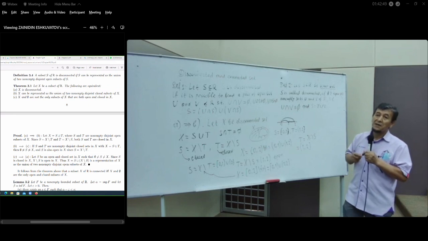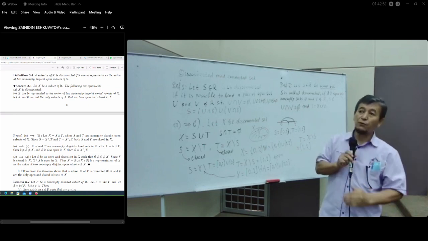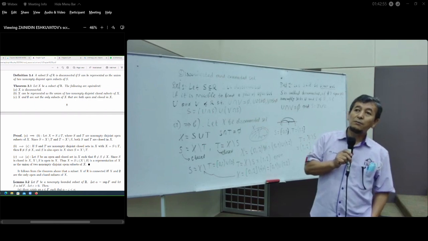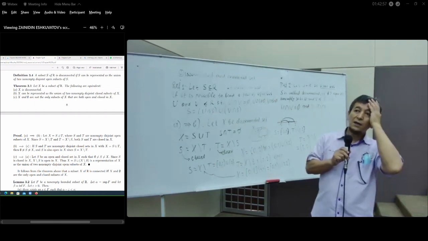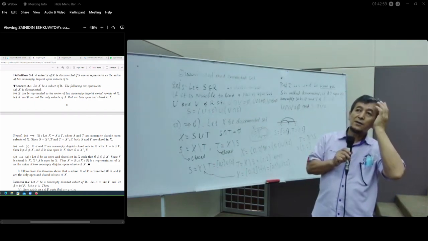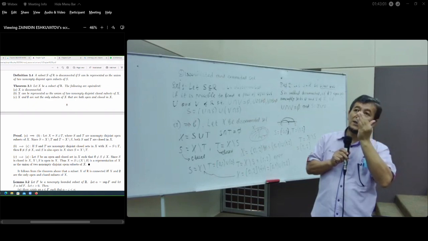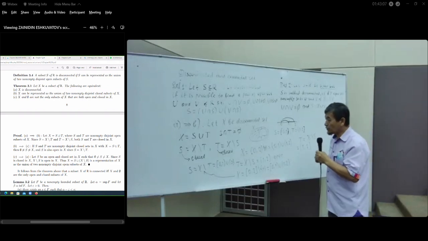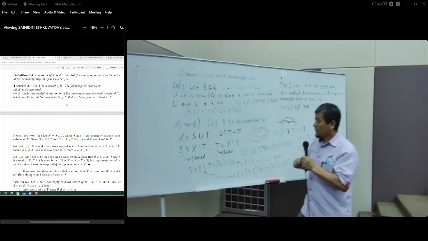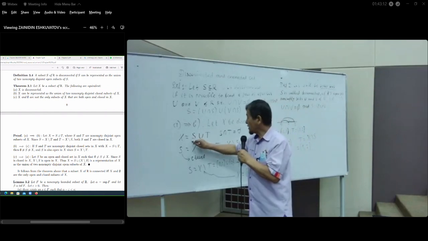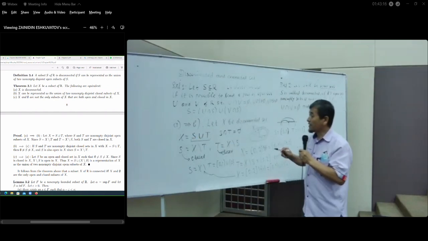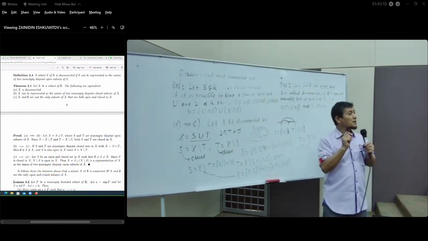So generally, the proof of this theorem is not very clear to me, because S and T are the disjoint closed sets in X with X equal to S union T. You see? So it is closed, and X is given as a union of two closed sets.